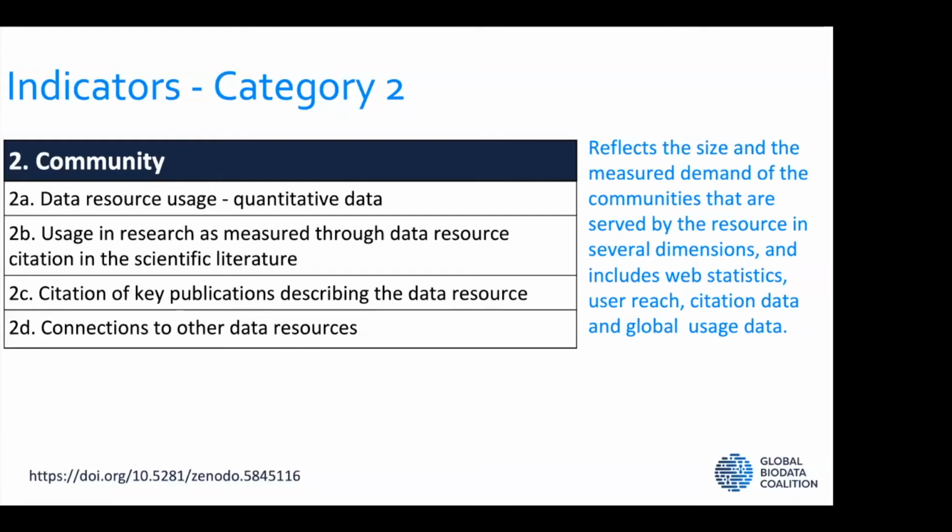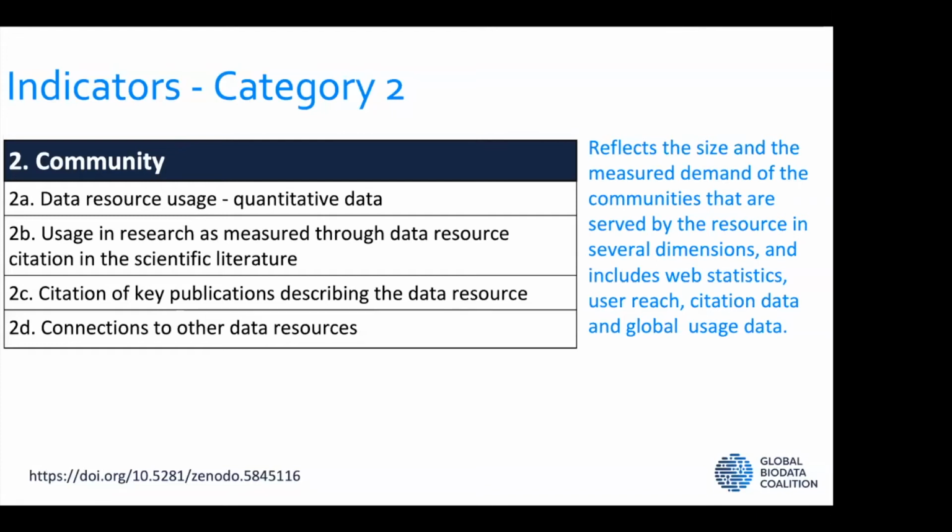Included within this category is a section in the quantitative data on global usage. This is new to the global selection process, and so that is quantitative data: number of countries that are accessing the data resource, the degree to which the data resource is used internationally.